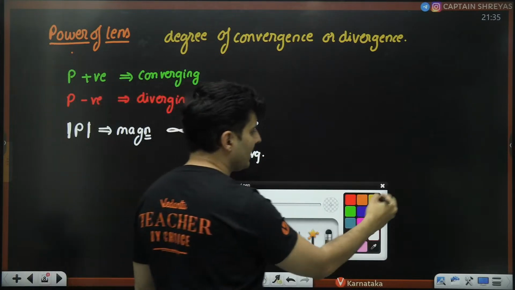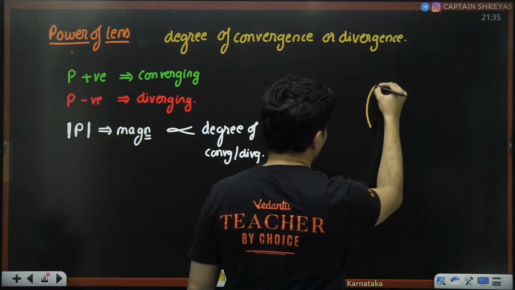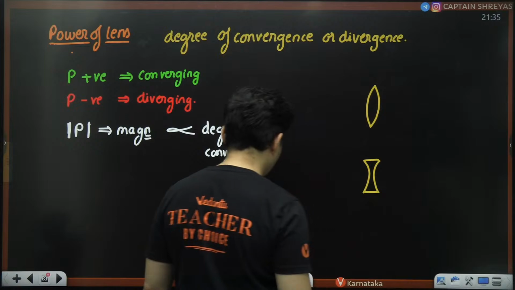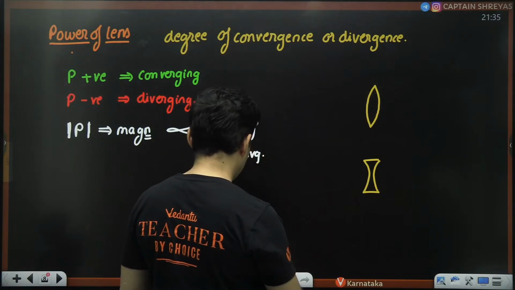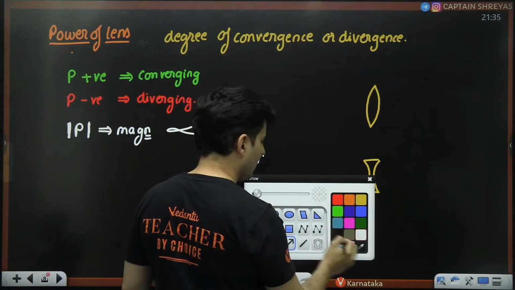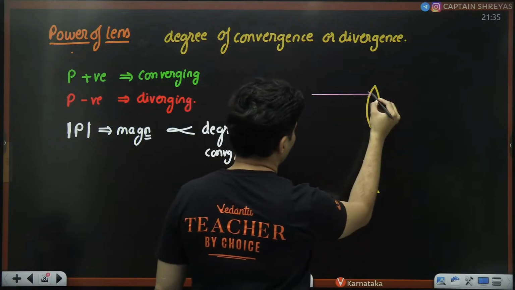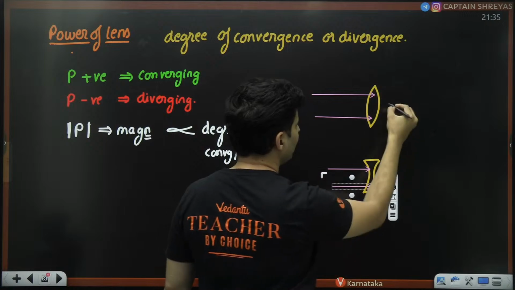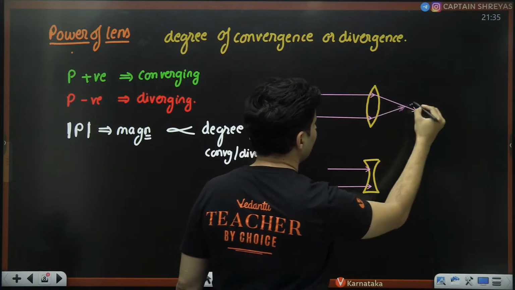Now, if you take the example of a convex lens and a concave lens, you will notice that as you make a parallel beam of light fall onto them individually, for a convex lens, obviously it converges.